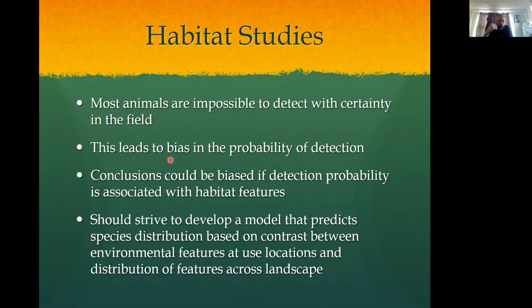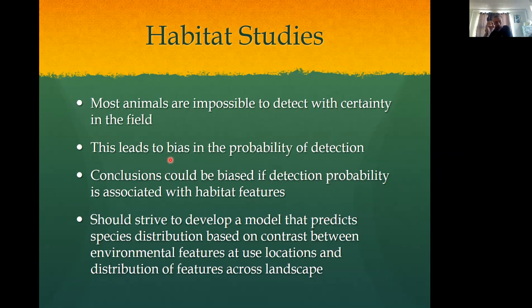So one of the things that we as a field, not you specifically, but we as a field are trying to do is develop models here that predict whether or not we would expect to find an animal in a location based upon what we know about what animals use.